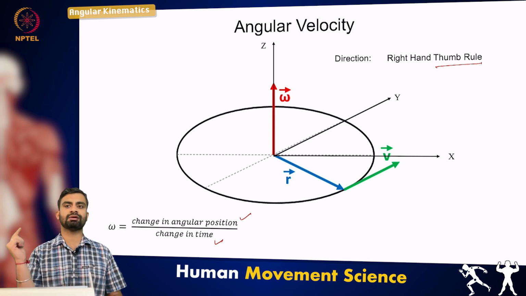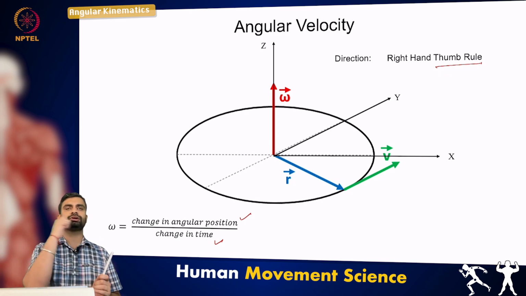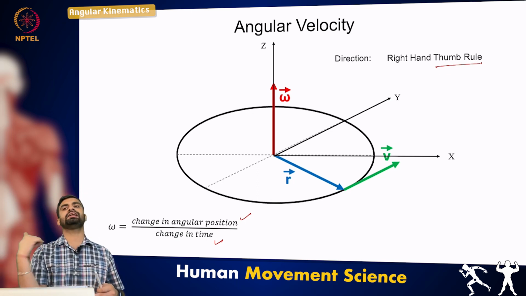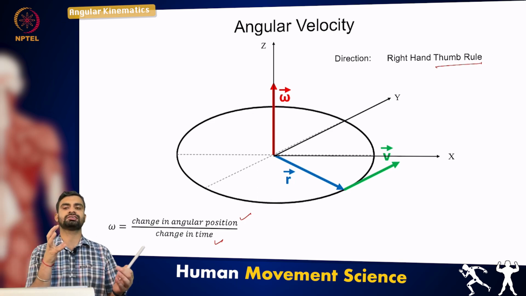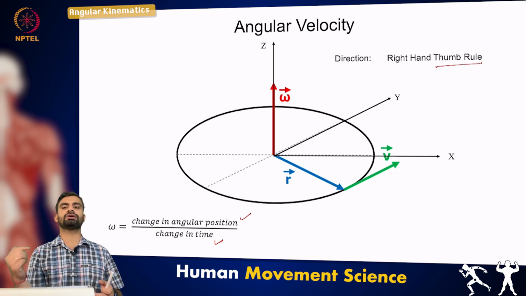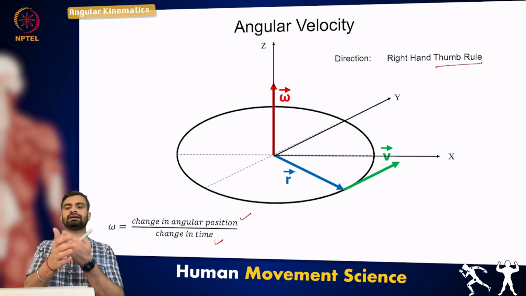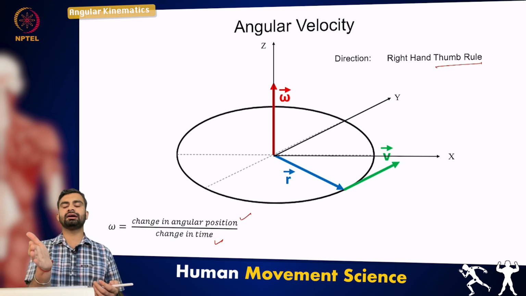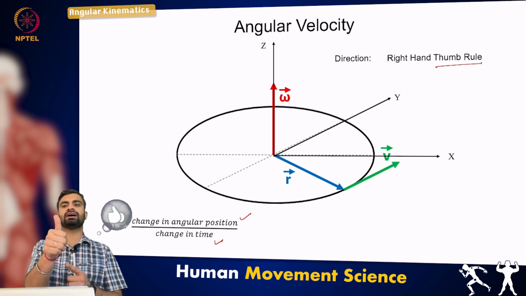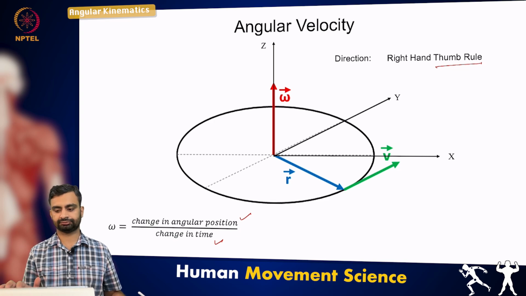For example, like in our earlier example, when an athlete is throwing a shot put, the direction in which the implement is moving, whether clockwise or anti-clockwise, depending upon that, you place your hand over the axis and curl your fingers, then the direction of the thumb will give you the direction of the angular velocity.